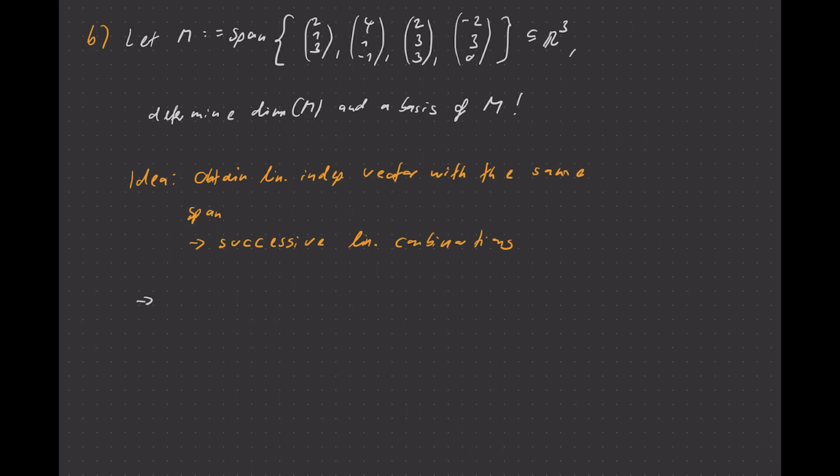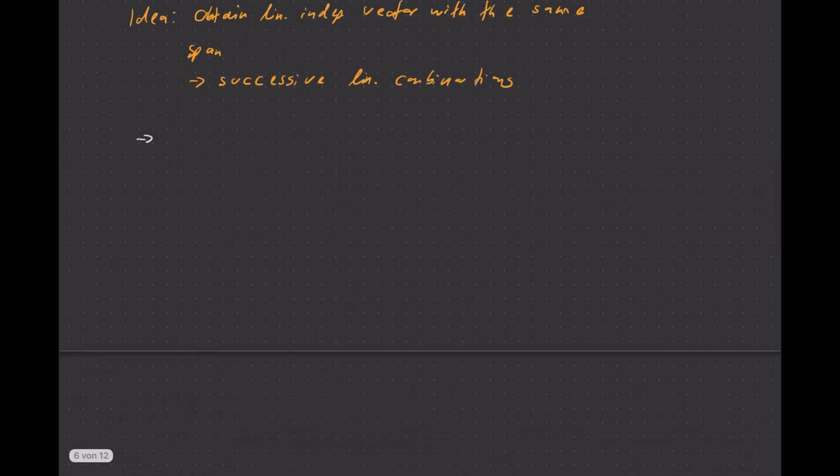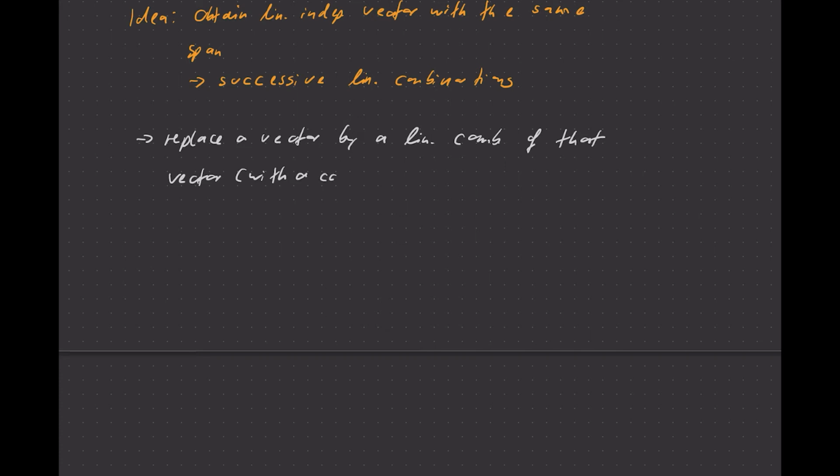So once again, what I'm going to do is I'm going to replace a vector by a linear combination that includes that vector and some other vector in the generator. So the coefficient of that specific vector that is going to be replaced must not be 0.